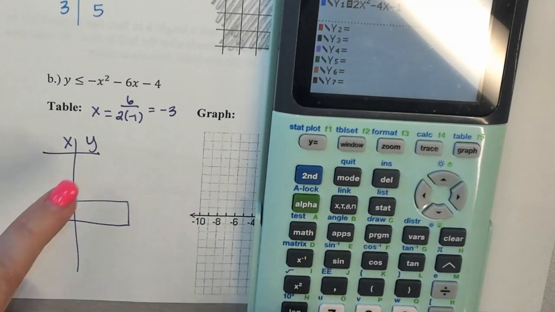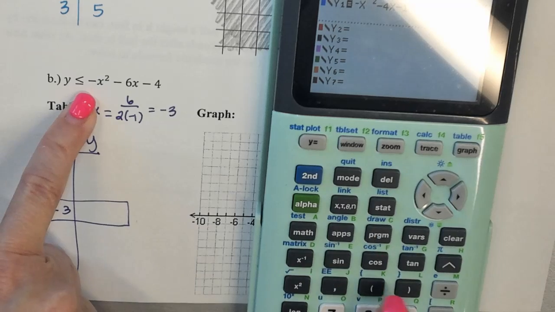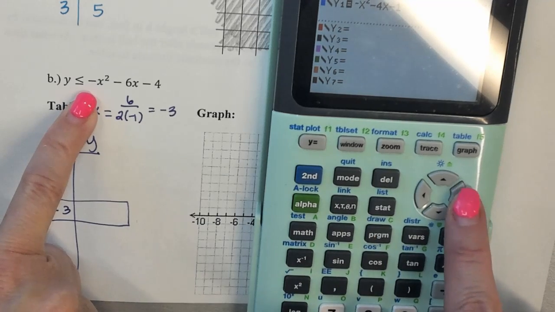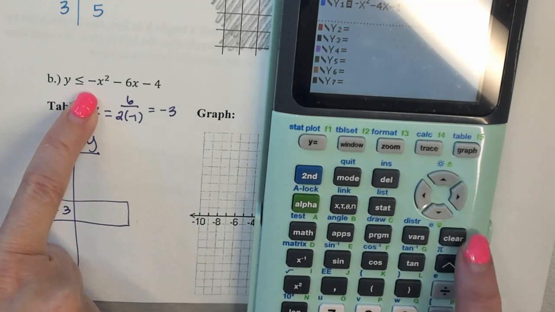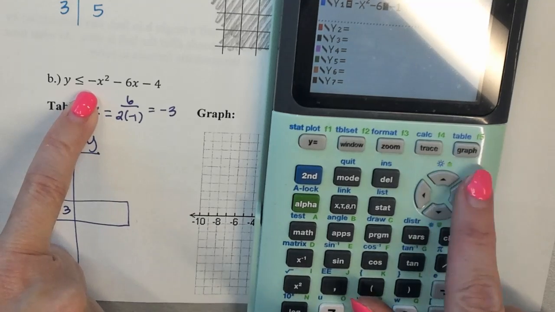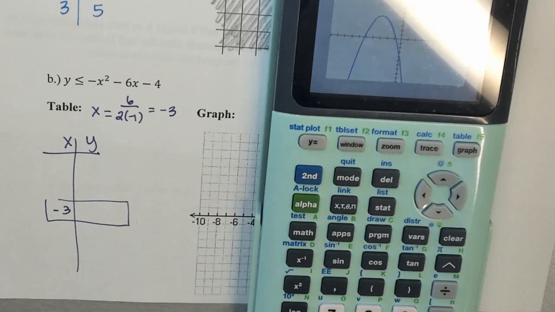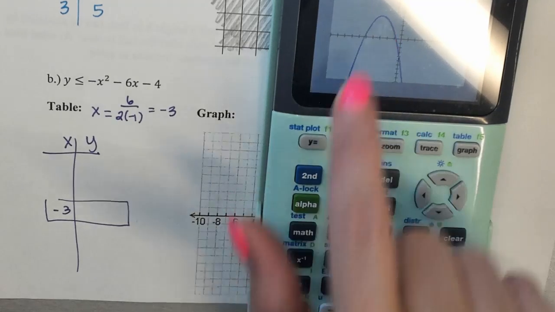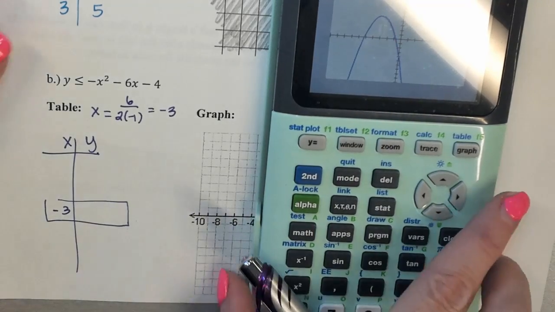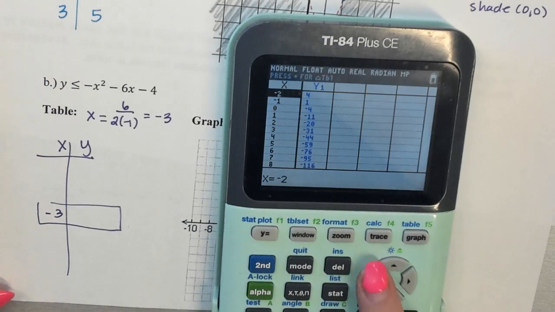If you do make a mistake, it should show up when you check this in your graphing calculator. So I'm going to graph it, and I can see my vertex here is at negative 3, so I can see that it does line up. I can check my table.